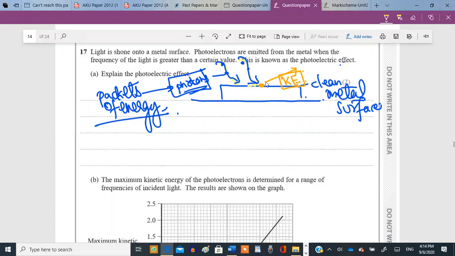The extra energy that we provide converts into the kinetic energy of the electrons. This is an emission of electrons from the metal surface, not from anywhere inside, only from the surface, okay? That emission of electrons from the surface of a clean metal is known as the photoelectric effect, okay?